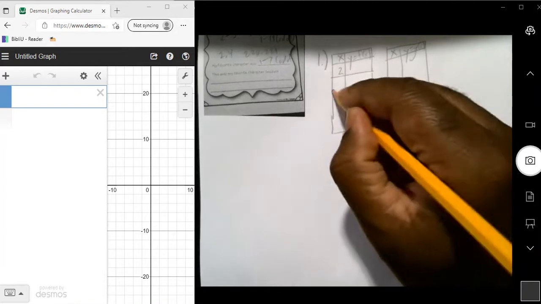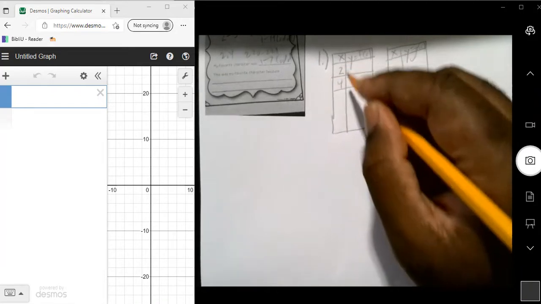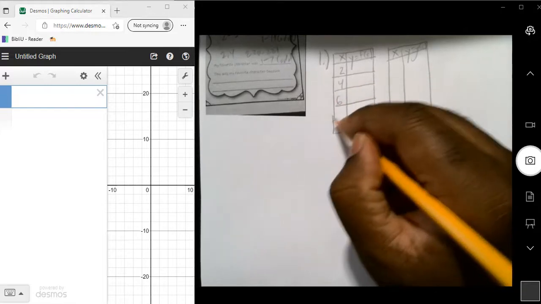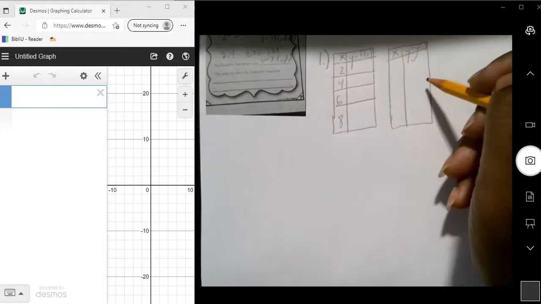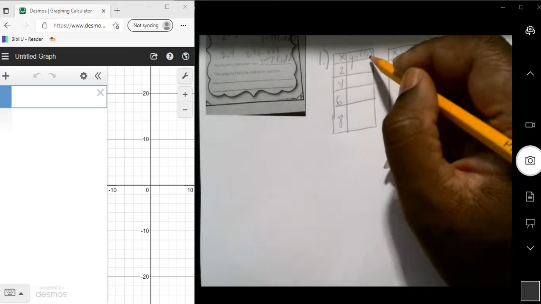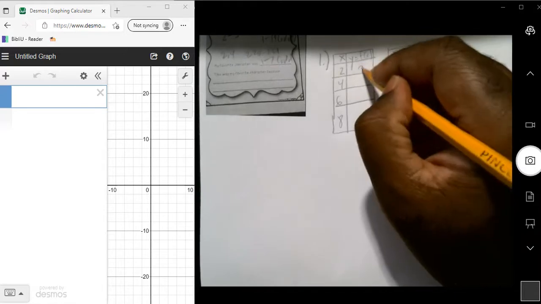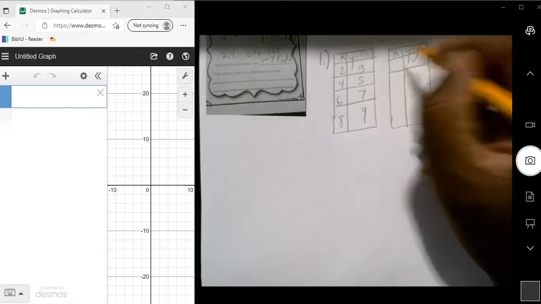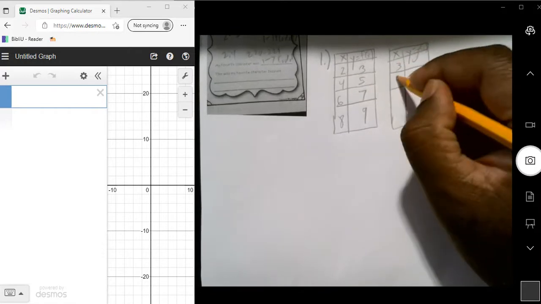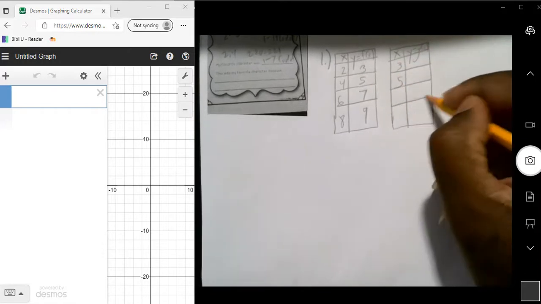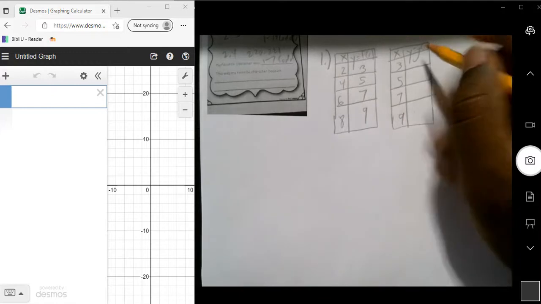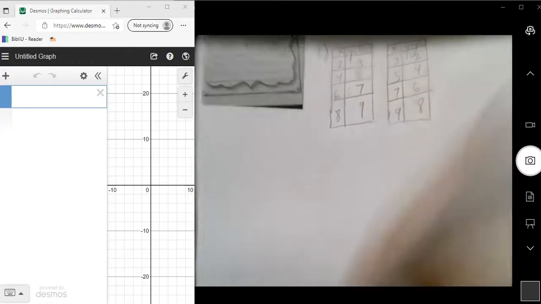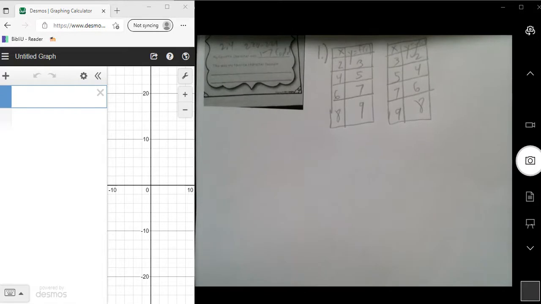Whenever you see f of x, g of x, h of x, or anything of x, that is really representing y. So when you see that, that's the same thing as saying y is equal to those values. Okay, so let me put the values here: 5, 7, 9, 2, 4, 6, and 8. All right.